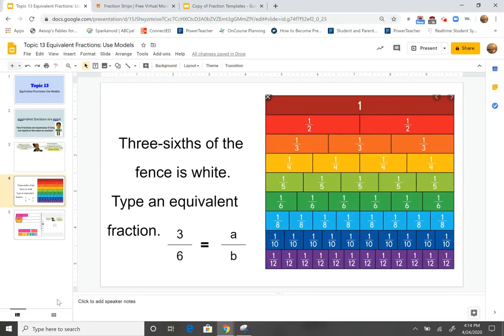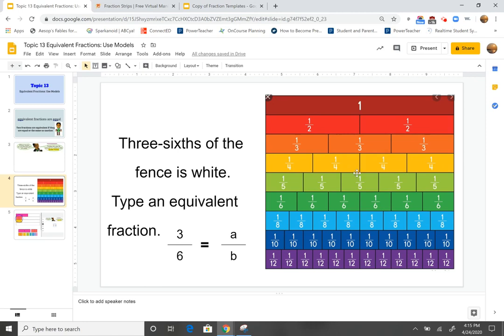All right, so now it's your turn to try this. On the slides you will be getting, there will be a fraction strip chart that looks like this. The way you would use this is, if you're looking for what's equivalent to 3/6, I need to find 3/6. 1, 2, 3. 3/6 would be right here. Now I'm going to watch with my eye and move upward to find out what's equivalent.